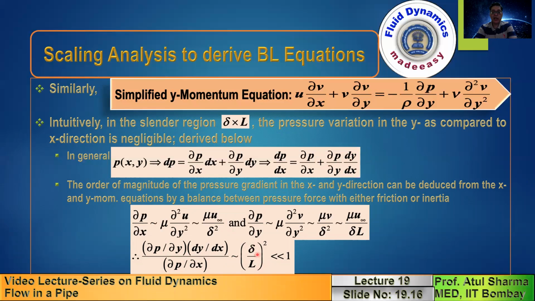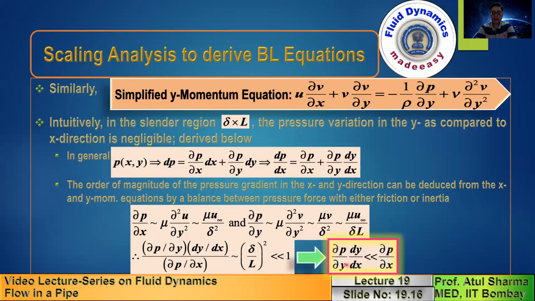Now delta by L is a very small term, and if you take a square of a small term, it will be further smaller. So this indicates that this term is much smaller than the other term.